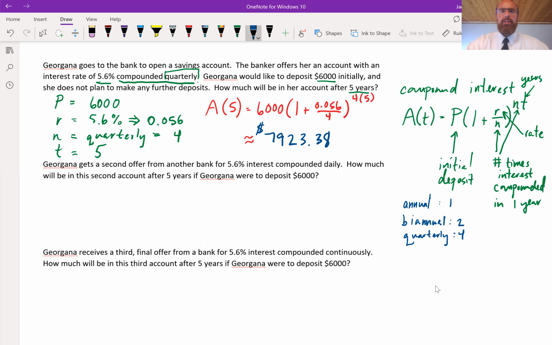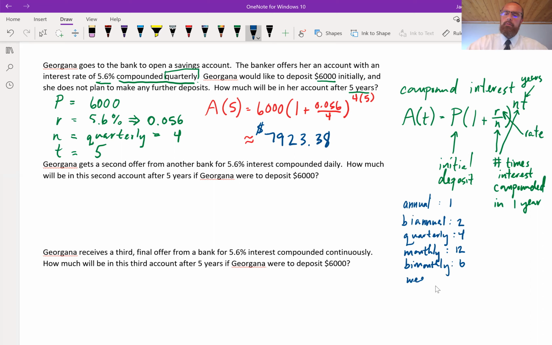You can try to predict what other intervals we might expect. Monthly for sure. That's 12. We could also see bi-monthly. And what we would indicate with that is that would be every 2 months. So there's 6 of those intervals in a year.